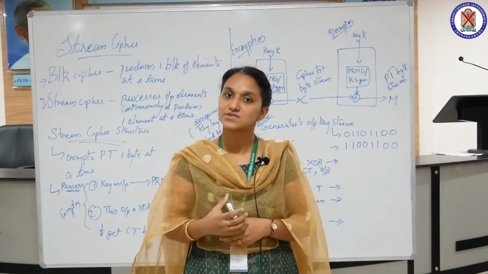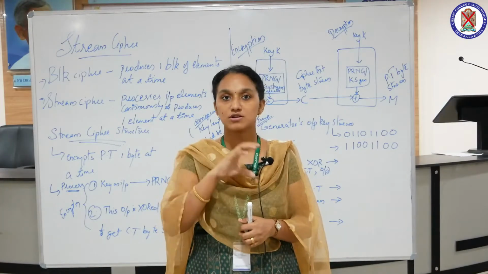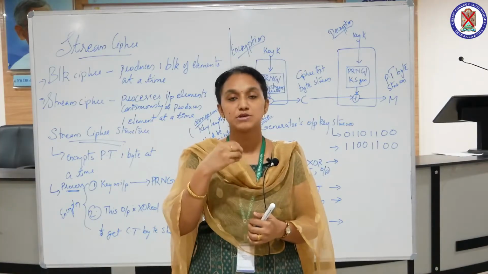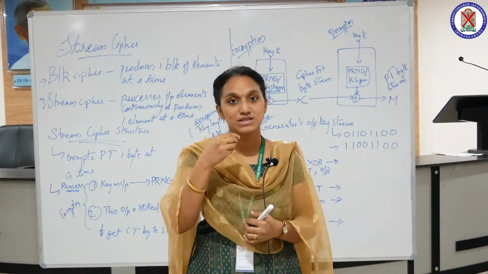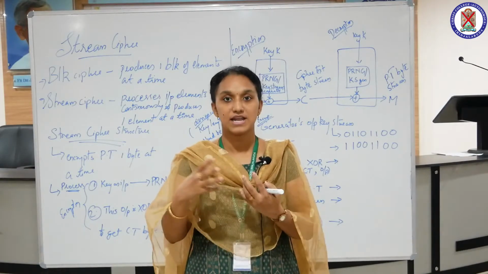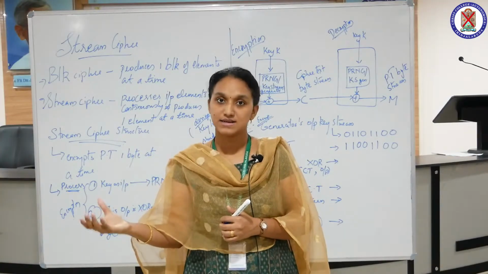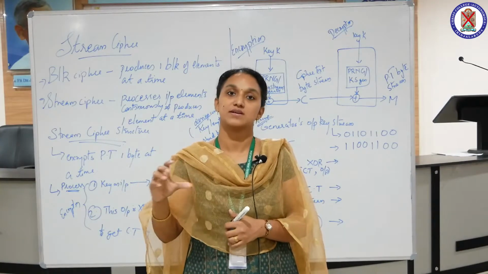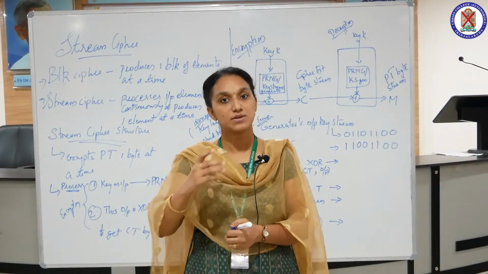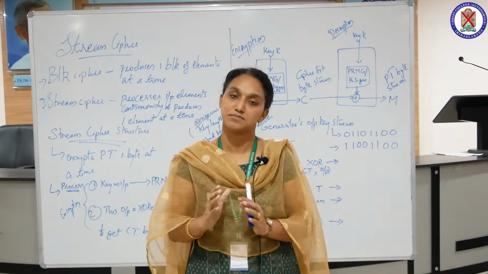But in a stream cipher, the elements are processed continuously, one bit at a time, bit by bit, and ultimately one byte is obtained as output at the other end. So the continuous streaming is called a stream cipher, and when a block of elements is produced at the output end, it is a block cipher.